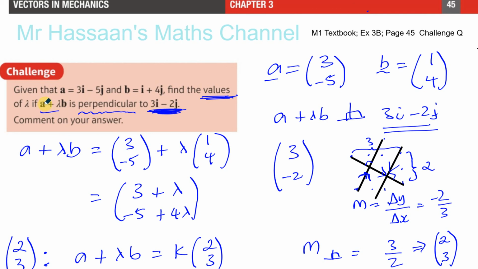So you say a plus lambda b is equal to k times that vector. But in this case, a plus lambda b is perpendicular to a particular vector. So we can say a plus lambda b is equal to k times a vector that is perpendicular to this vector. So we have to work out what vector is perpendicular to this, and we can see that from the gradients as we did. Okay, so there's the end of that question.